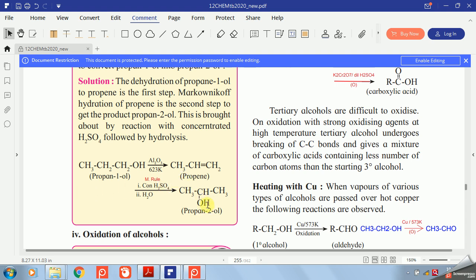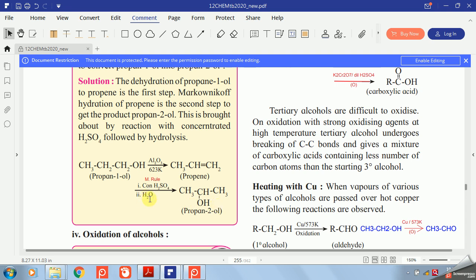Instead of this H there is an SO3H group, that means a total OSO3H group. So propene reacts with H2SO4 and gives isopropyl hydrogen sulfate. So the second carbon contains the OSO3H group. That is isopropyl hydrogen sulfate, the intermediate.